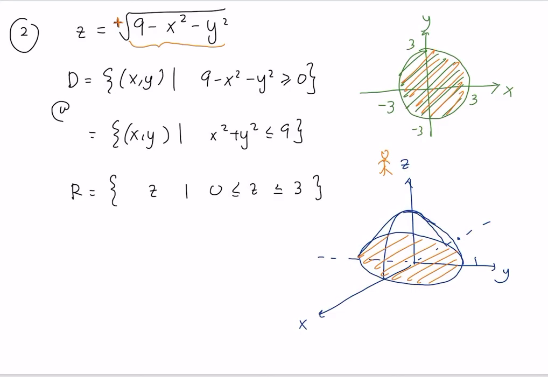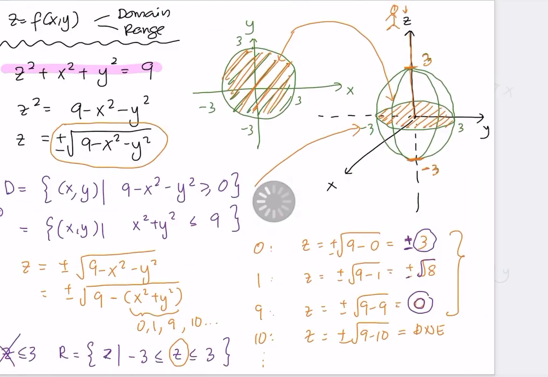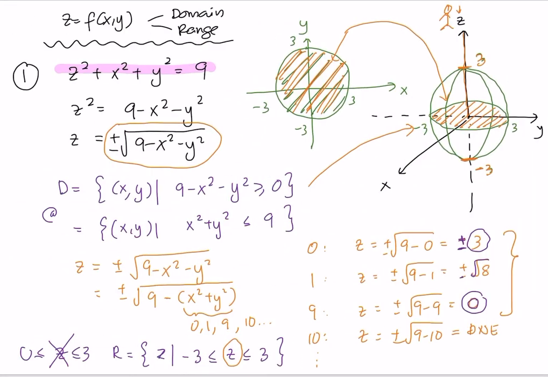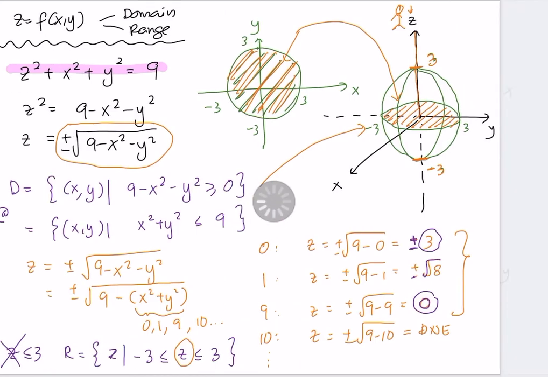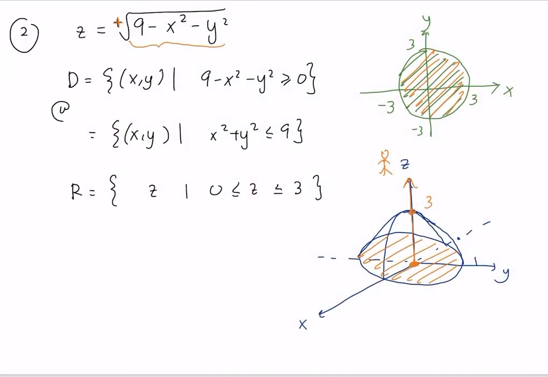For the range, it is for the z axis also, from 0 until 3 here. That is the difference from the previous one, the full range. Here we have x squared plus y squared plus z squared equal to 9, and we consider only the positive part.